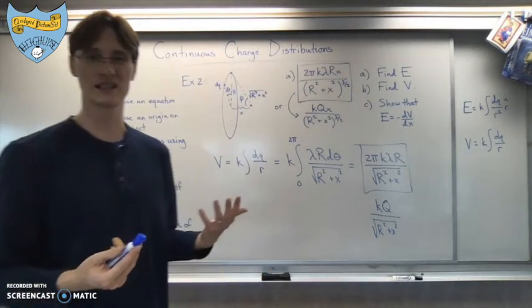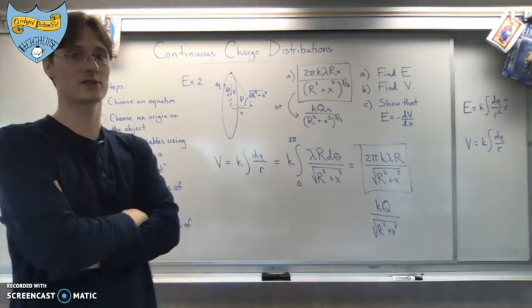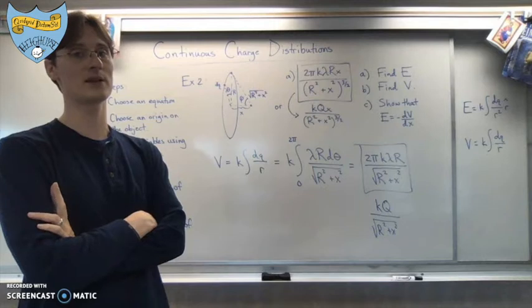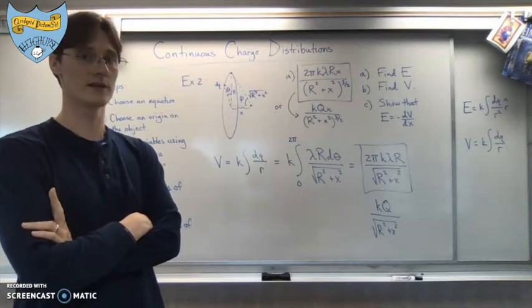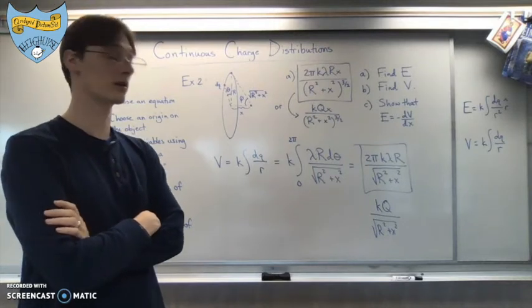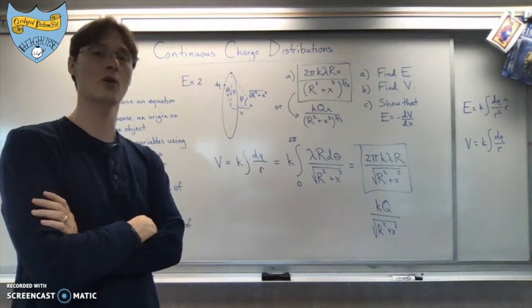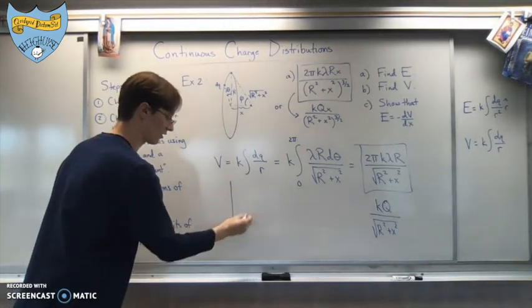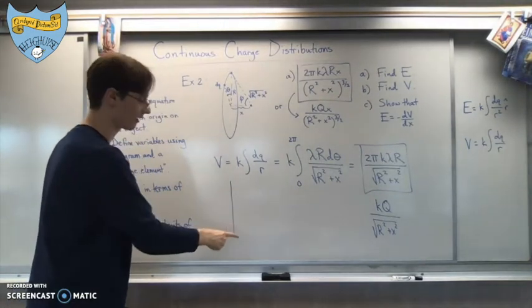In other words, we didn't really need to do calculus to find the electric potential. It's important to talk about how to set it up because the AP might expect you to do that. Or other times in later coursework, you might find, oh no, you've got to do a line of charge and find the potential there.